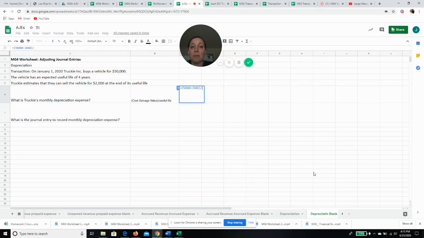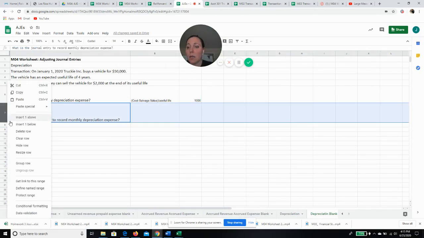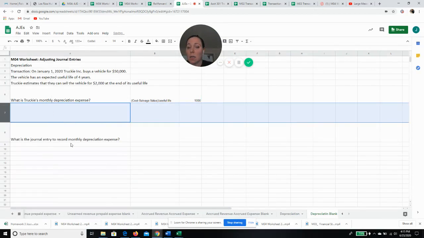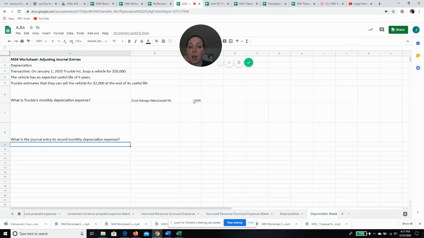We estimate the vehicle will be good for 4 years, times 12 months per year is 48 months. Right, so our monthly depreciation expense is going to be $1,000.